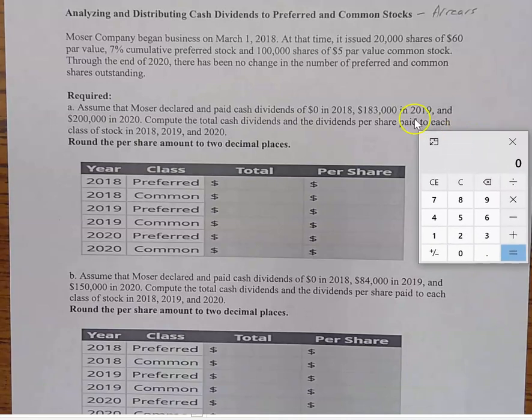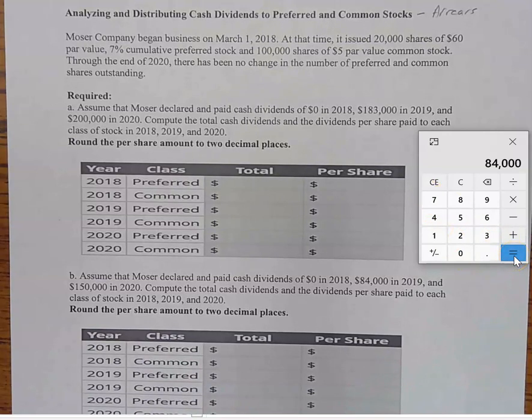So we'll bring that right here. We have 20,000 shares. We're going to multiply that by the par value times the percentage of the dividend. So we're going to take that times 0.07. Okay?